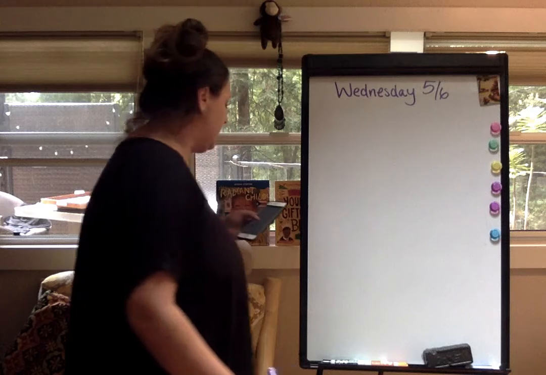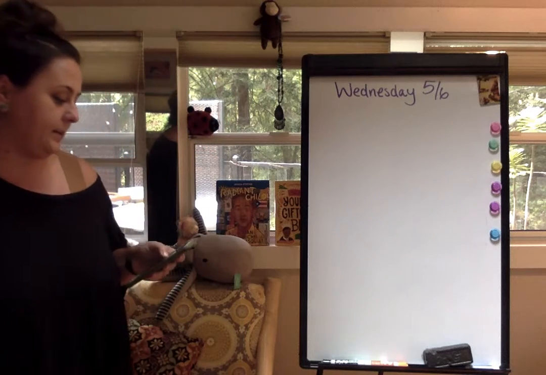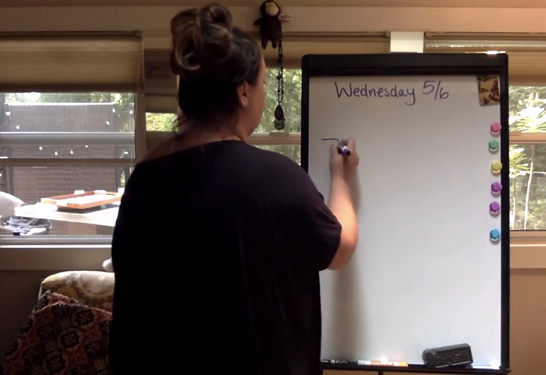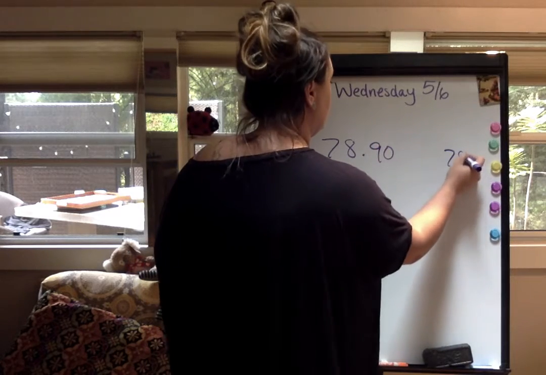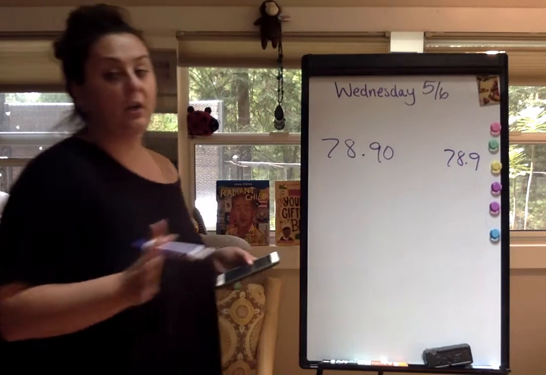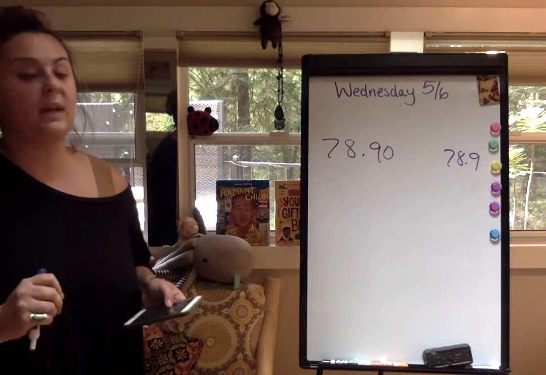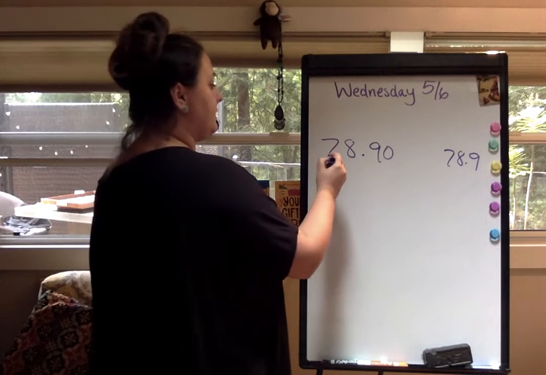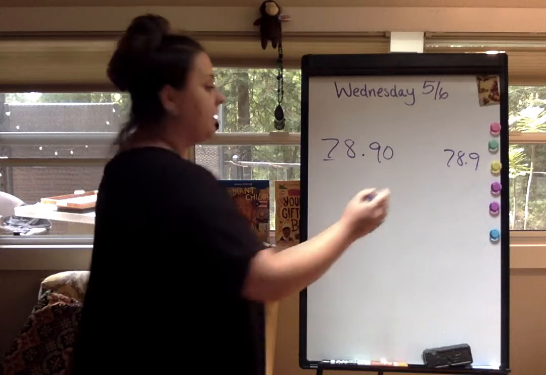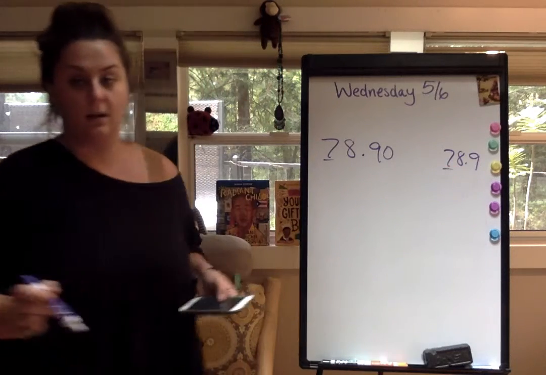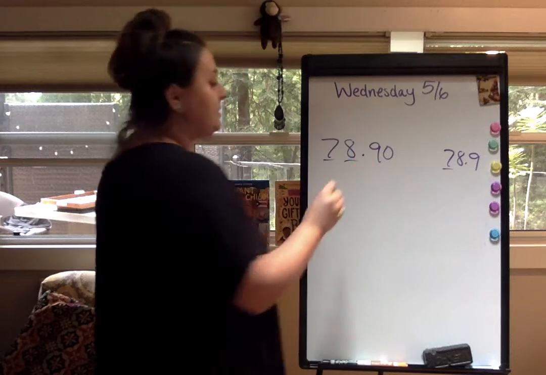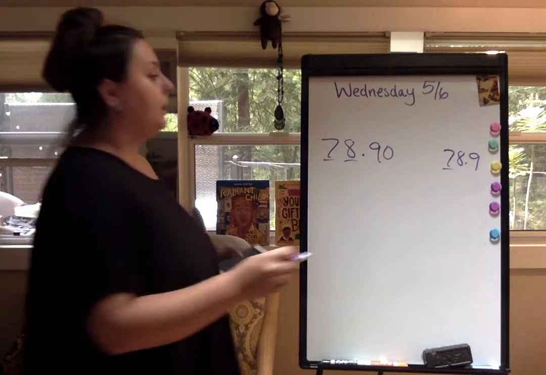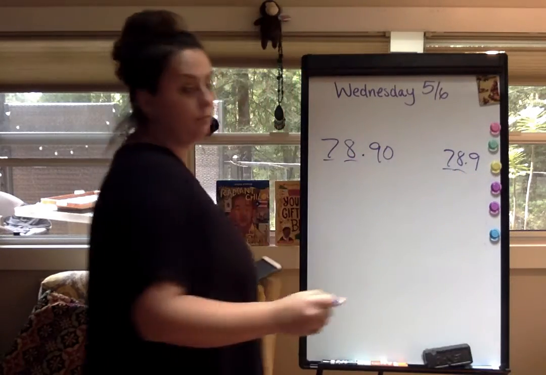Next, we're going to look at comparing some decimals. So, okay, you're going to start with your largest place value. So we've got 7 tenths here, 7 tenths here, matching. 8 ones here and 8 ones here.